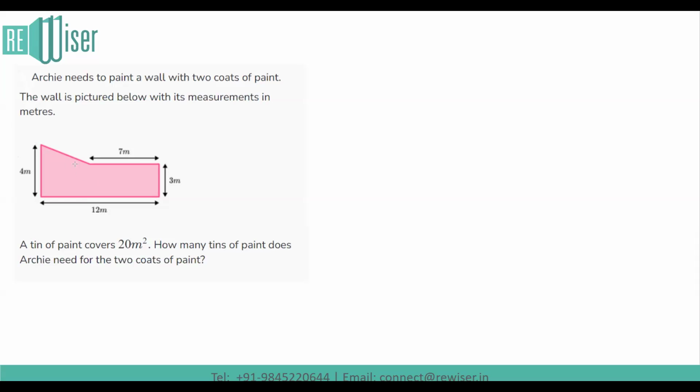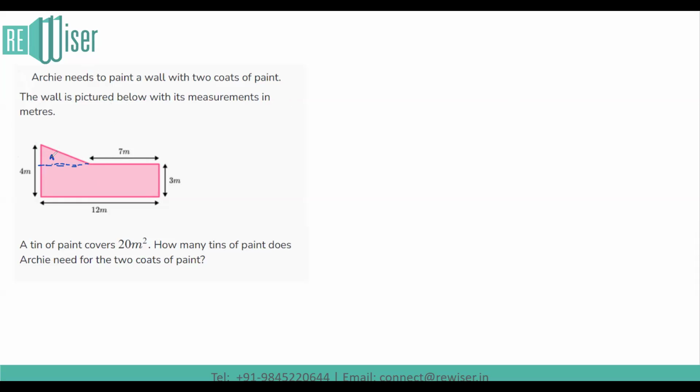Oh, you can split this as a triangle and a rectangle. So I'll just draw a line here. If I draw a line here, this will be a triangle and a rectangle.